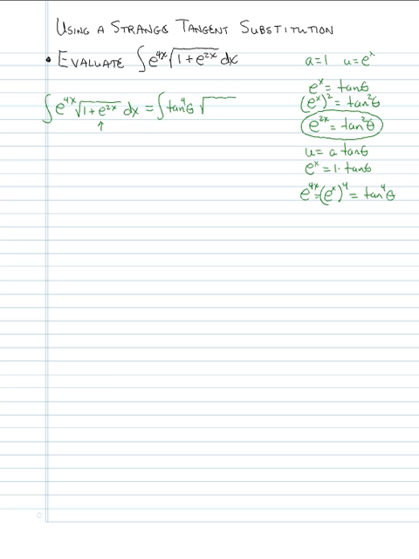Square root of 1 plus, now e to the 2x we decided is tangent squared theta. Now there's a sticky little deal about d theta. Now d theta is not so easy. I mean, we have to be clever, I guess is what I mean.